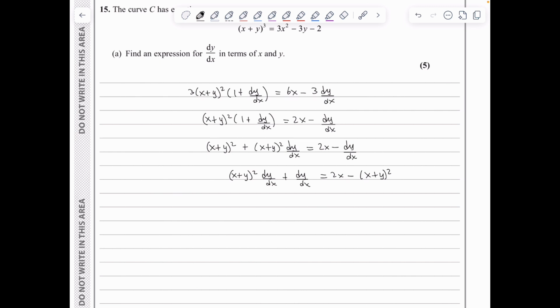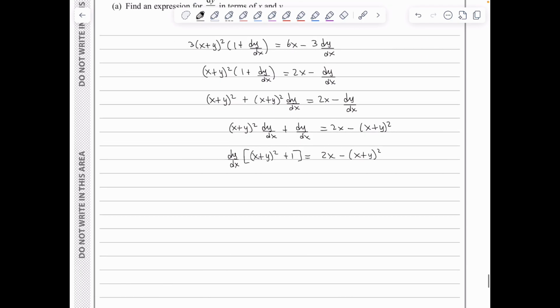Now we've got a common factor of dy/dx on the left hand side, so we've got dy/dx times ((x + y)^2 + 1) being equal to 2x - (x + y)^2, and therefore we conclude that dy/dx is equal to (2x - (x + y)^2) all divided by ((x + y)^2 + 1).